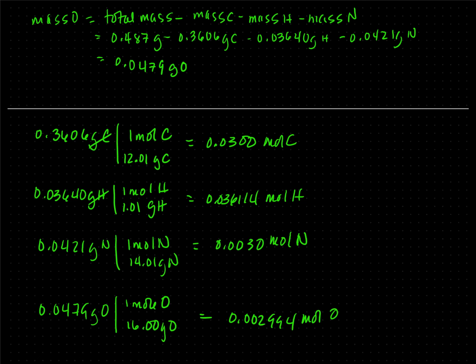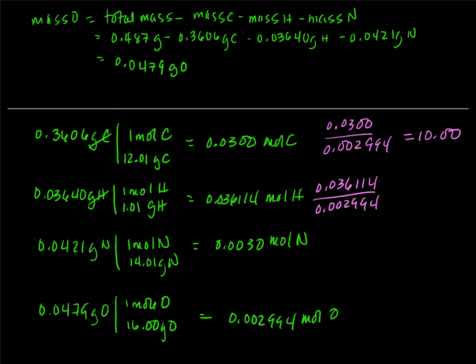The smallest number is oxygen. So carbon, 0.00300 divided by 0.002994. It's going to equal 10.00. For hydrogen, it's going to be 0.036114 divided by 0.002994.